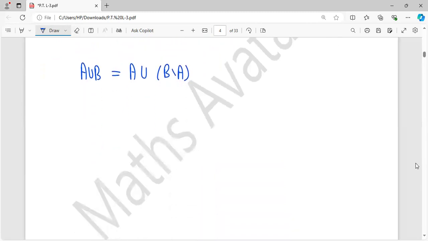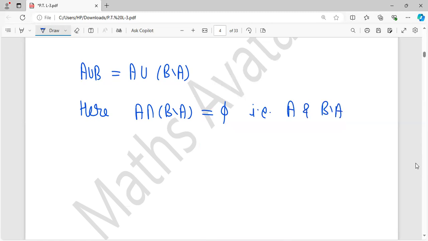Okay. But what is here? Here, A intersection (B minus A) is phi. It means A and B minus A are mutually exclusive.